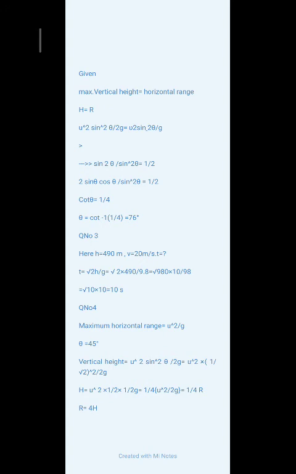So height is equal to 1 by 2 g t square, so t is equal to root of 2h by g. So we will get root of 2 into 490 divided by 9.8. Here g is 9.8. So it is 980 into 10 by 98, that is 100, and that is 10 seconds.